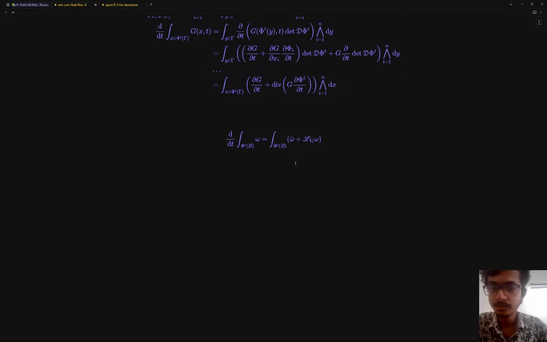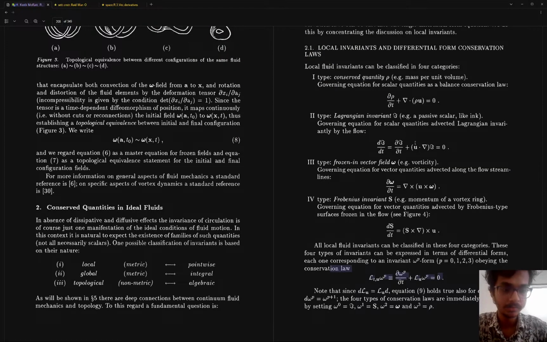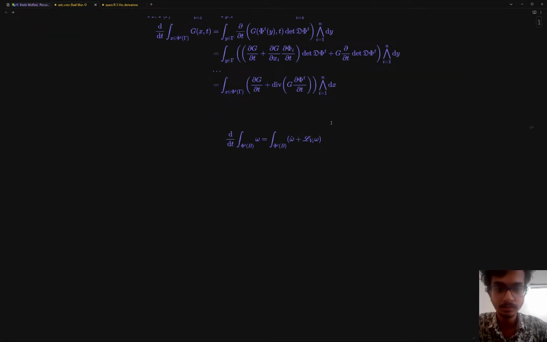So if the right hand side is zero, which is supposed to be zero for these invariants, this is what they are trying to say. All these invariants are supposed to have the right hand side equal to zero. Then the integral is zero at all times. That is one way to state what the invariant is supposed to be.